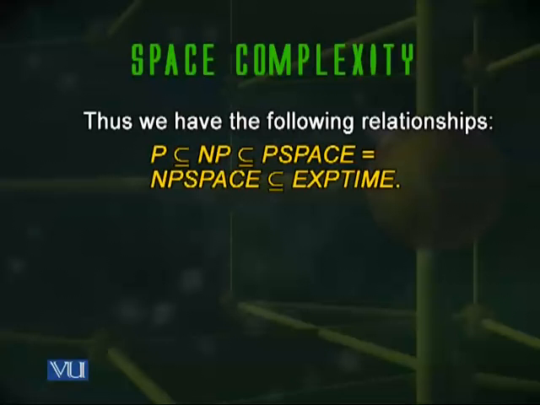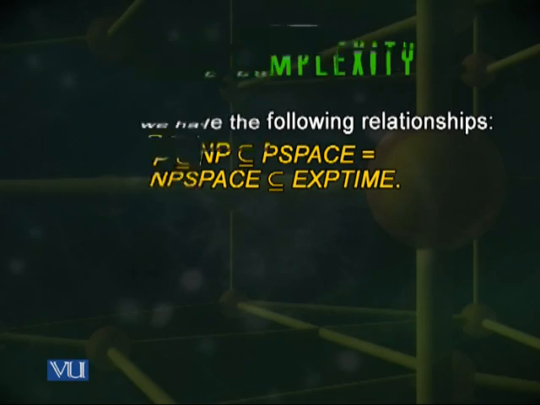Now let's go back and look at why the containment that we saw before is true. That containment was that NP is contained in PSPACE. Since PSPACE is equal to NPSPACE, I will argue that NP is contained in NPSPACE. That's almost trivial.